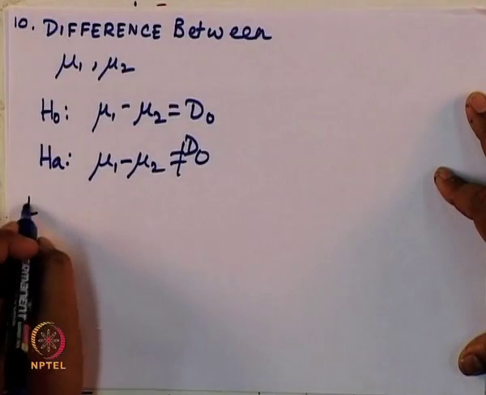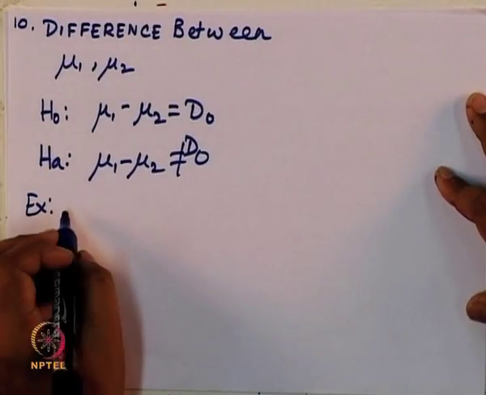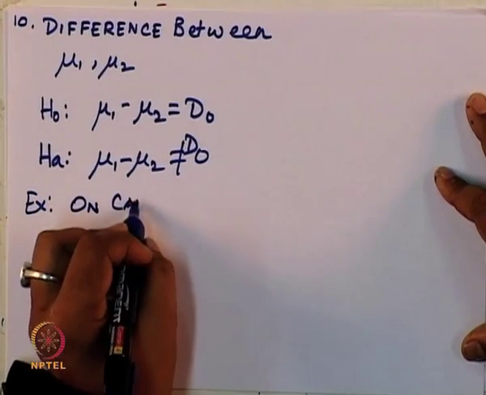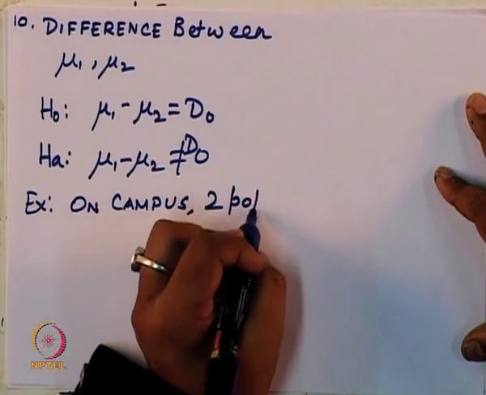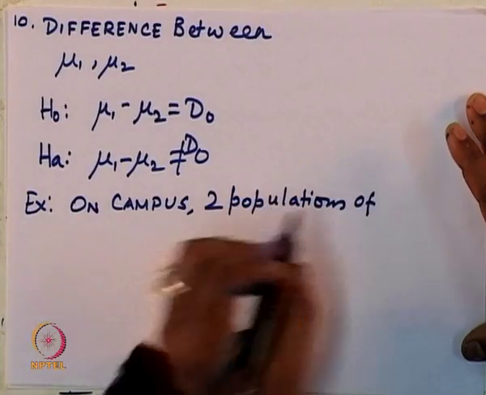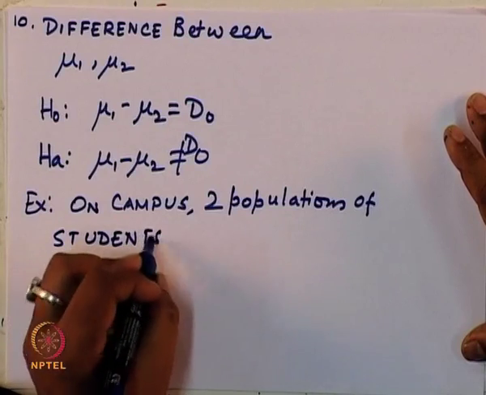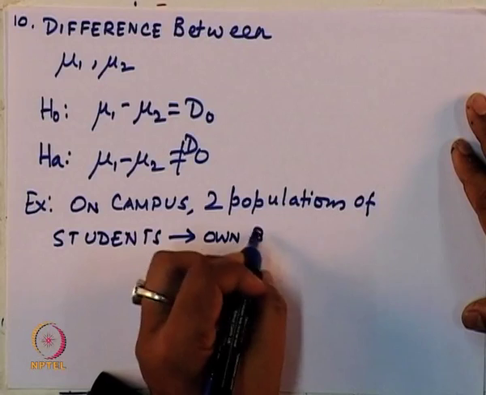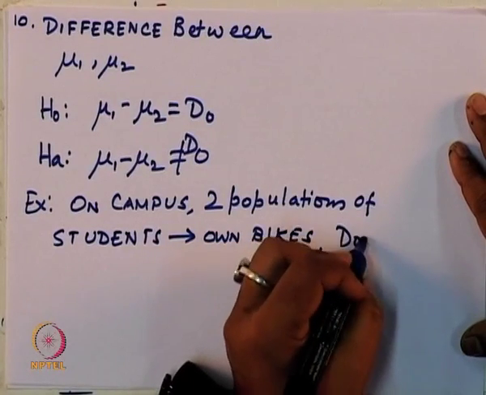Let us take an example. Imagine you want to test, on campus, two populations of students, those who own bicycles or bikes and those who don't own.